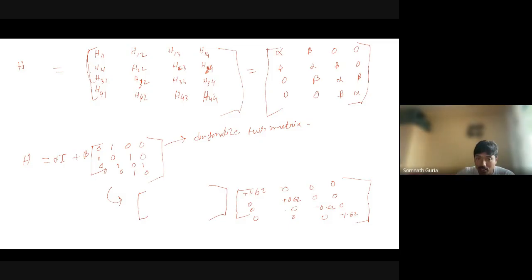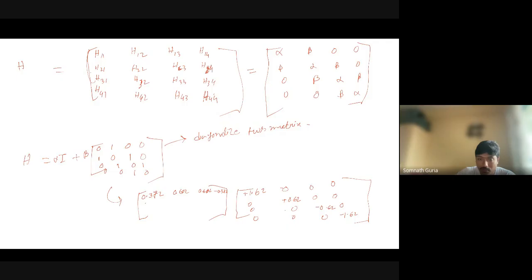And this coefficient matrix will have some values: 0.372, 0.602, 0.602, and minus 0.372.